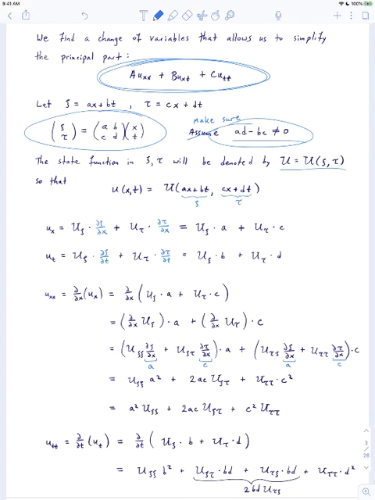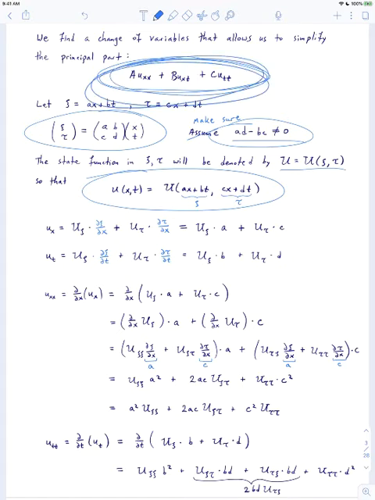Now there is a relationship, of course: lowercase u at x, t is equal to uppercase U at ax plus bt, comma, cx plus dt. Okay, now if we know this relationship, we can compute the derivatives of lowercase u in terms of capital U. We want to do this because our objective is to look at the principal part of the equation, and we're hoping to simplify it in some sense.